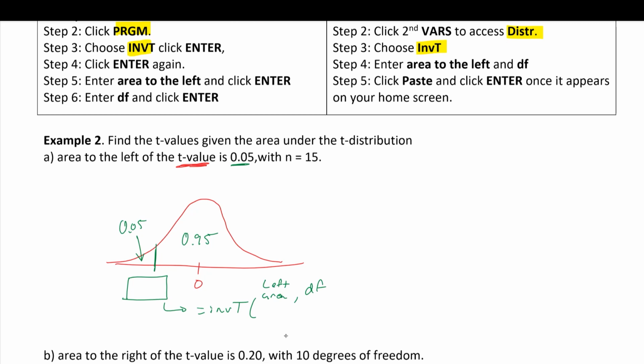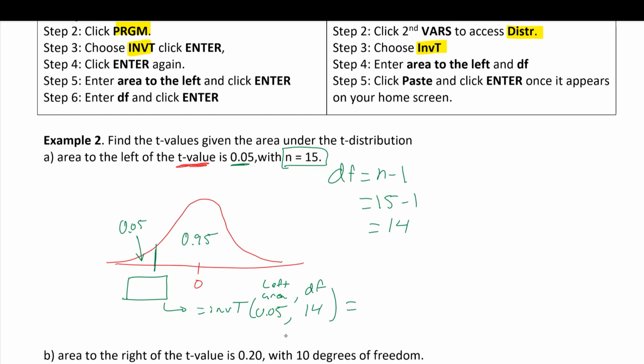Those are two inputs here. The area to the left in this particular case is 0.05. And for the degrees of freedom, if the sample size is n, degrees of freedom is always n minus 1. In our case, n is 15, minus 1, that's 14. So that's what we put here, 14.